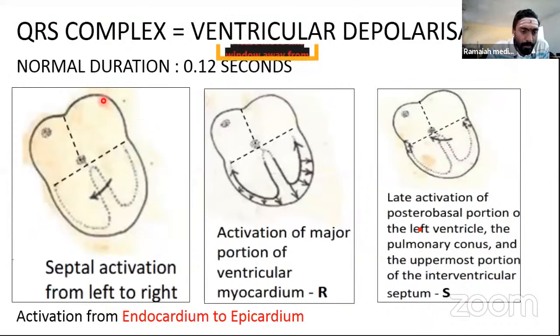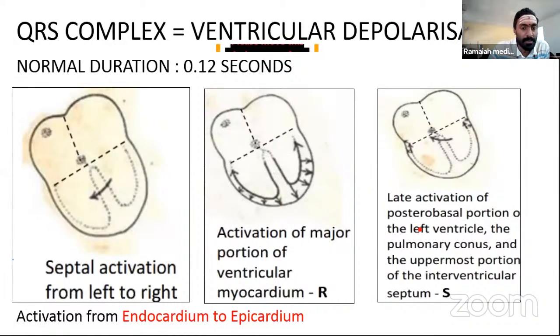The initial Q wave is because of the activation from the left to right. Why this activation happens is because of the very important septal fascicle of the left bundle branch. The septal fascicle here is going to be activated first, so it activates the ventricle in this manner from left to right. Can someone tell me, if I have the lateral leads, lead 1, AVL, V5 and V6, is it going to denote a positive deflection or a negative deflection?